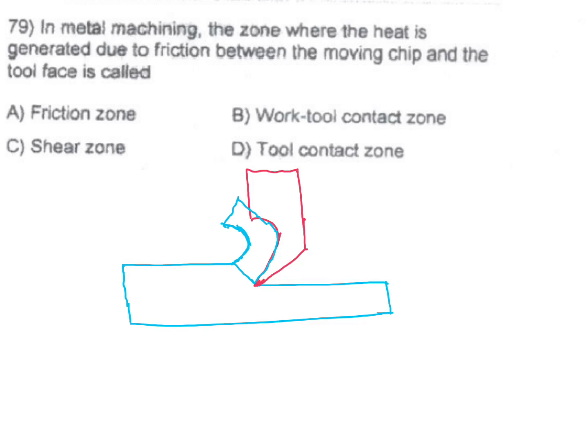In this question, heat is generated due to friction between the moving chip and the tool face. Tool face is here, and this is the chip. So this is the primary shear zone, and here is the secondary shear zone.